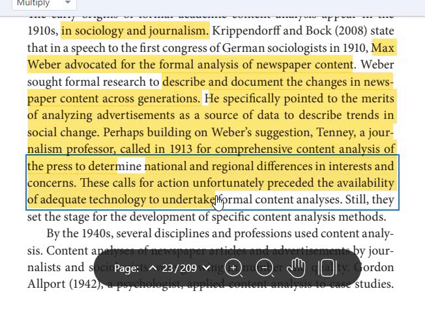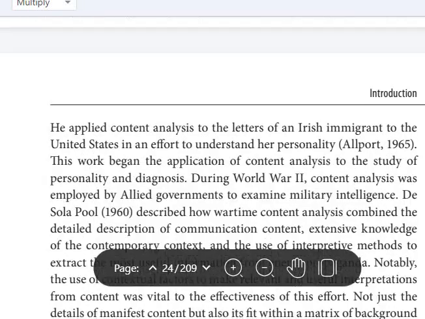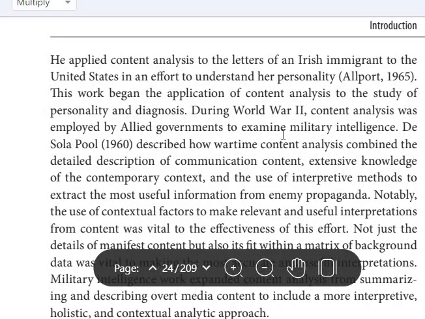Let's go now to the second paragraph. He applied content analysis, we're talking about the same person, Max Weber, to the letters of an Irish immigrant to the United States in an effort to understand her personality. And during World War II, content analysis was employed by Allied governments to examine military intelligence.